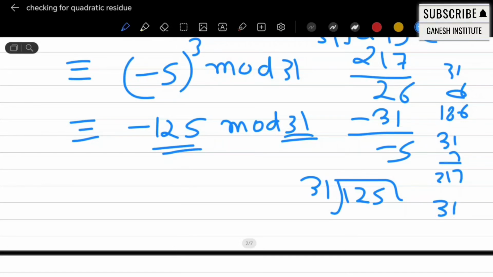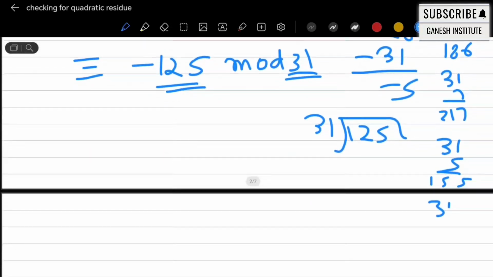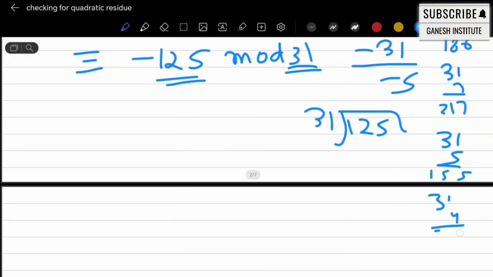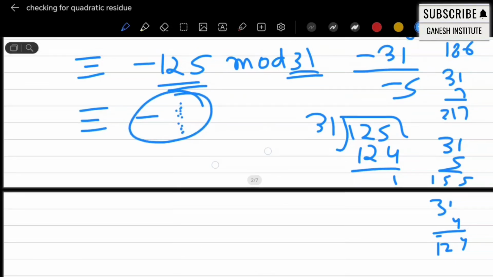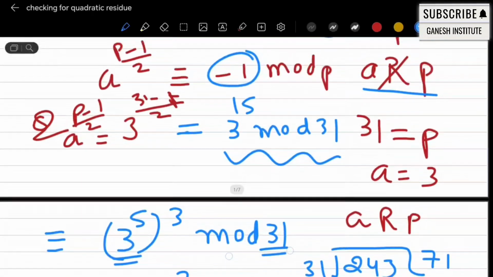Now solve it. 31 fives are 155, and 31 fours are 124. So 125 minus 124 is 1, but minus is already here, so this is minus 1. And we know if the answer is minus 1, that means it is not a quadratic residue modulo p.